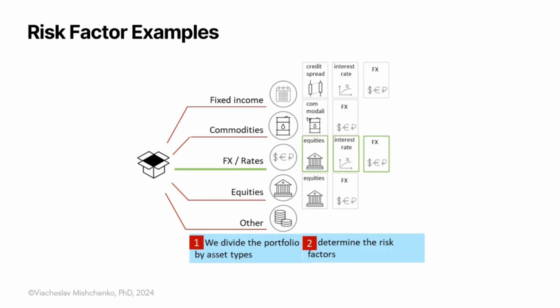Well, some forex products, like quanto options, do have exposure to equity markets. And don't forget that derivatives like equity options are also influenced by equity prices, as it is the underlying asset of the option.